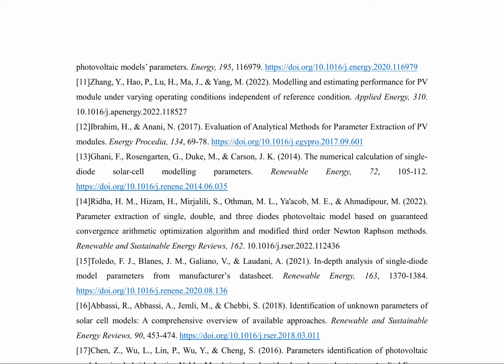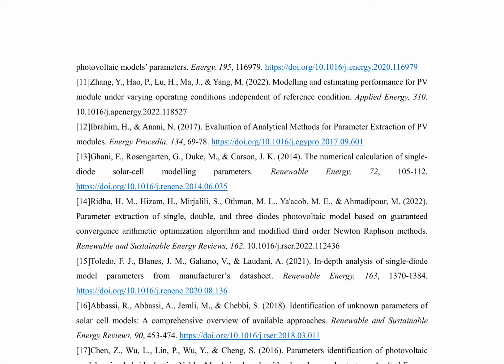Optimization algorithms employed include arithmetic optimization, modified third-order Newton-Raphson methods, hybrid adaptive Nelder-Mead simplex algorithm, bio-inspired meta-heuristic frameworks, and physics-based optimization methods. These algorithms are used to extract parameters from manufacturers' datasheets, experimental data, and numerical calculations.